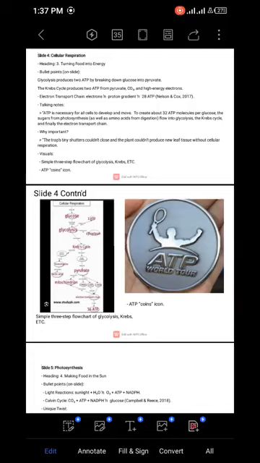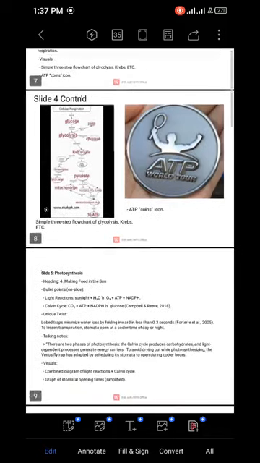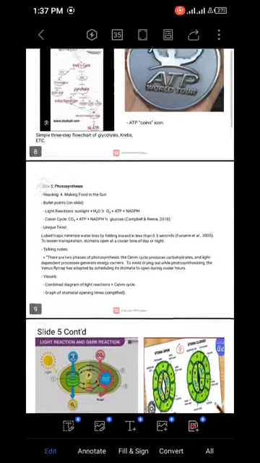Here, the question is, why is it important? The trap's tiny shooters couldn't close, and the plant couldn't produce new leaf tissue without cellular respiration. You can see the visual aspect of it on slide 4: a simple 3-step flow chart of glycolysis, and then the ATP coins icon, as you can see.